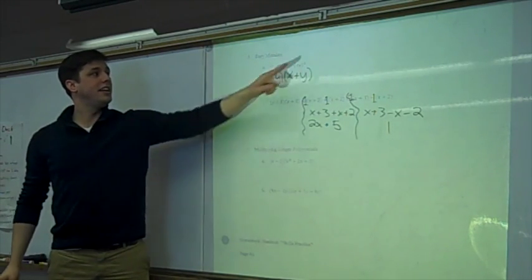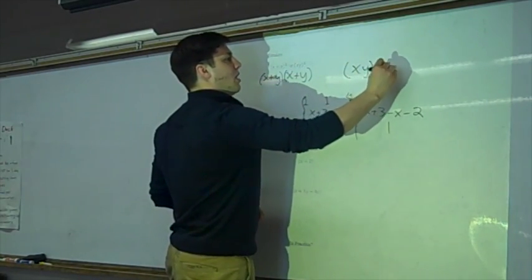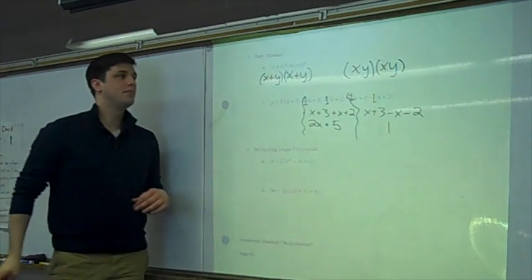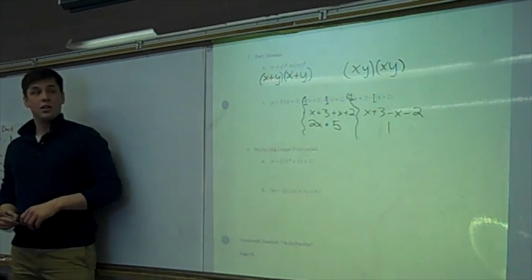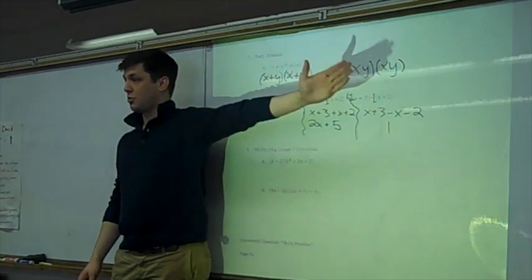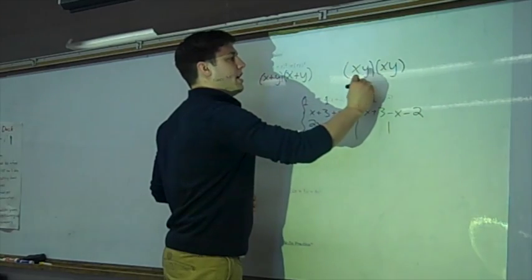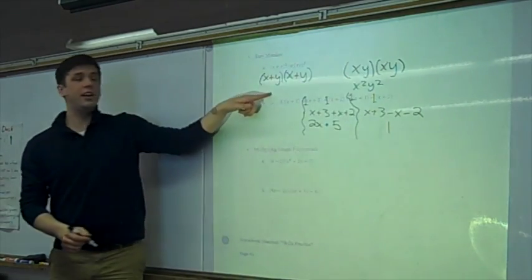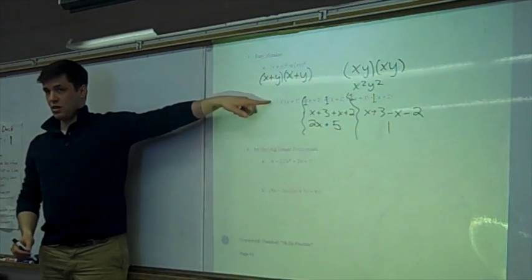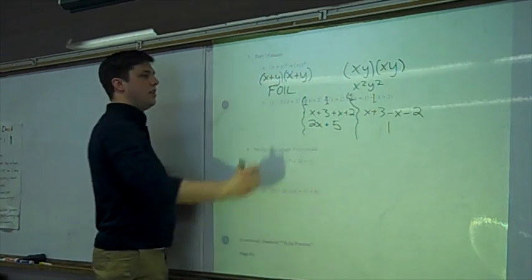And then this one right here, multiplying it by itself, is xy times xy. So over here, you're just multiplying everything through, so it would be x squared, y squared. And then over here, you're FOILing. I'm just going to write FOIL there. You guys know how to do it.